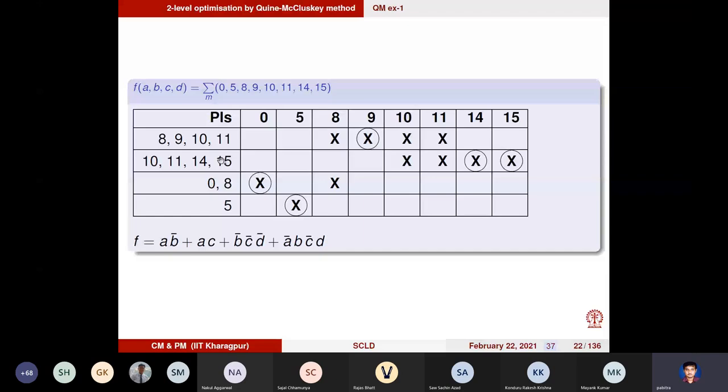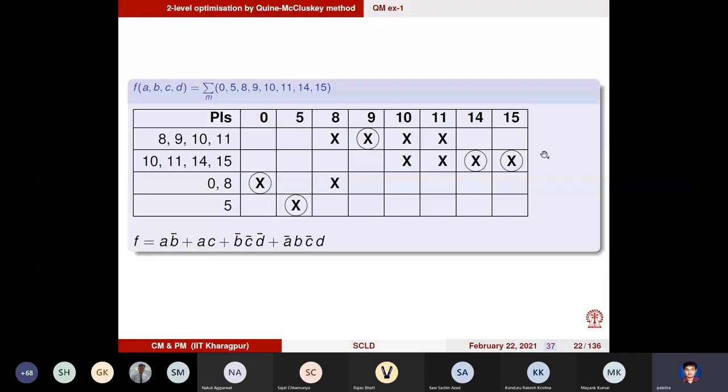So I have to find only the rows whose total number of literals is minimum, and which cover all the columns, all the true min terms, all the one min terms.